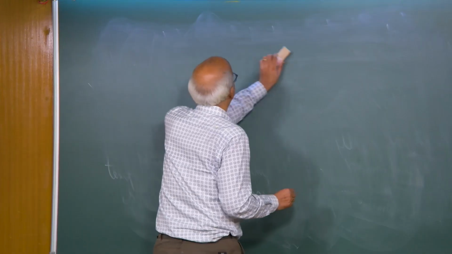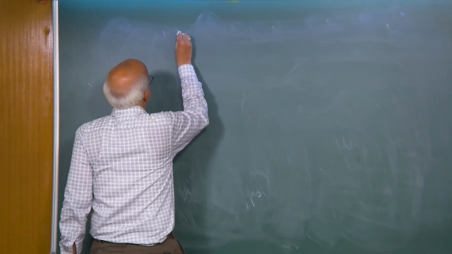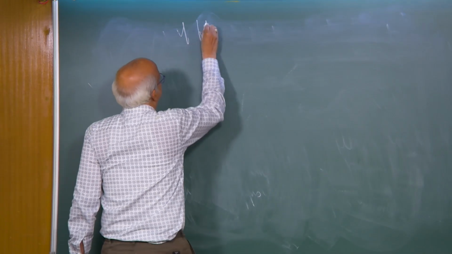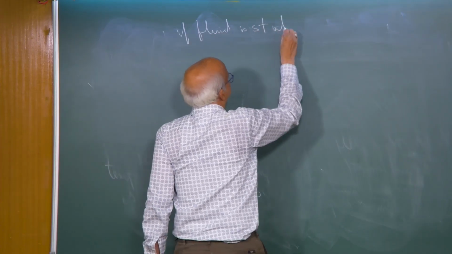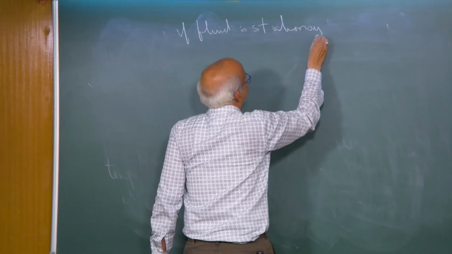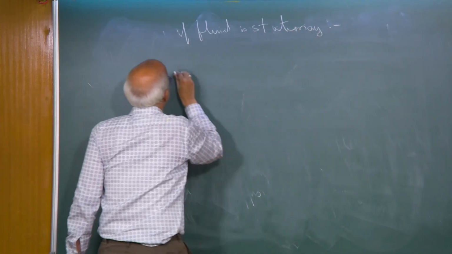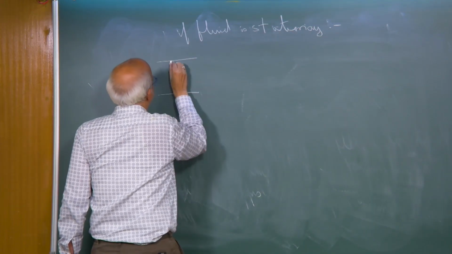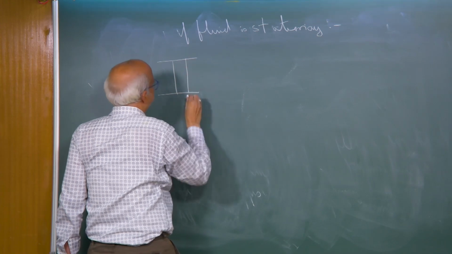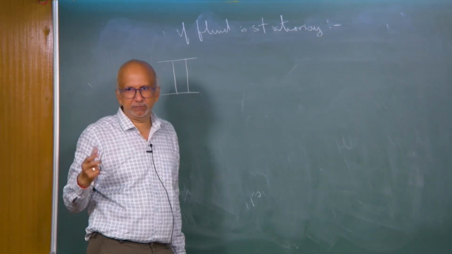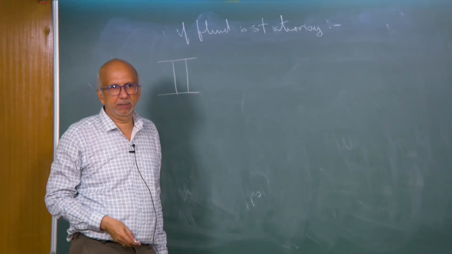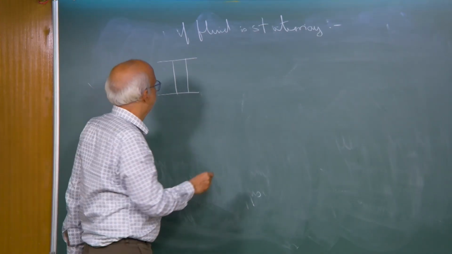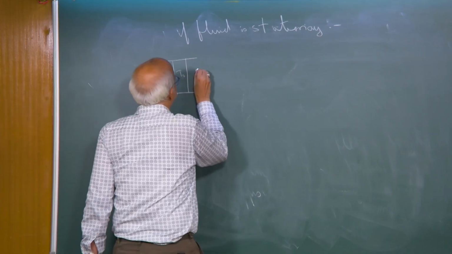Okay. See, if the fluid is stationary, what will happen? I mean, you have the slug here. I am looking at the case where the fluid is not moving, but I have injected the temperature hotspot. Okay. This is at T0 and this is at T1.